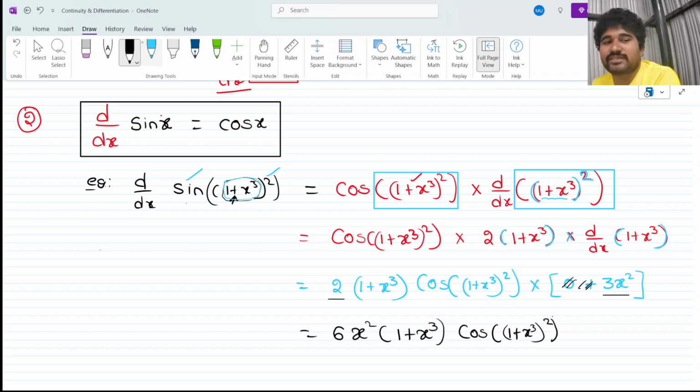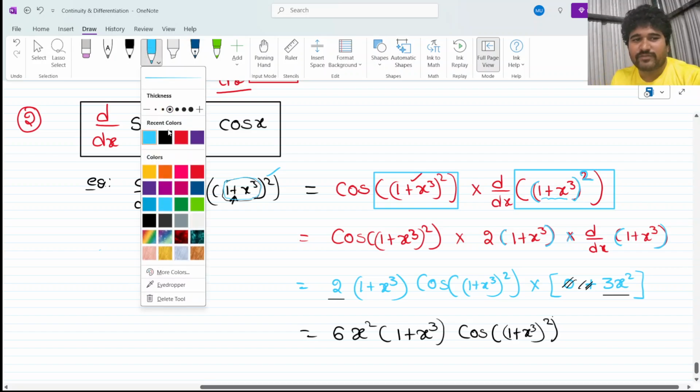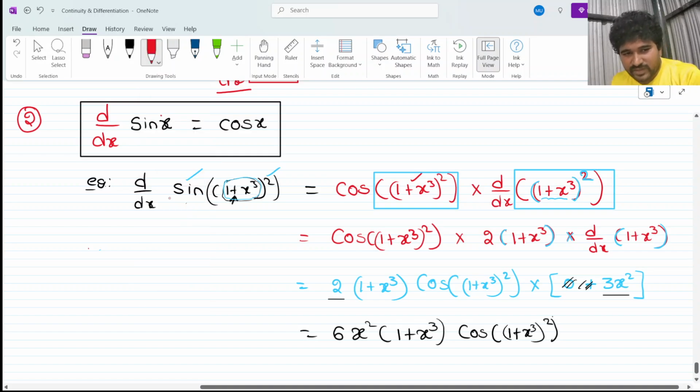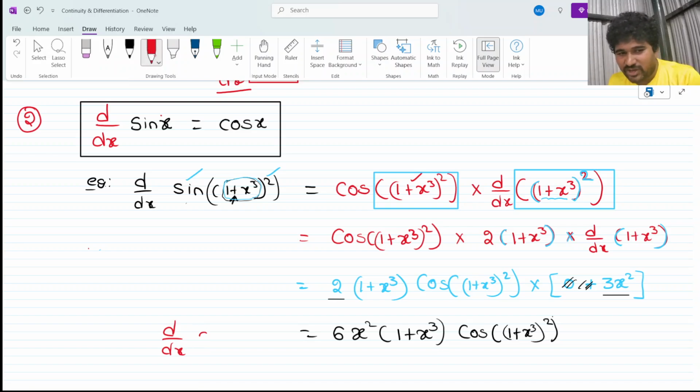This is the answer. Is that clear? What is the answer for d by dx of the given question? It looks very simple. What is that simple question? It's looking like d by dx of sine of 1 plus x cube whole square, which is 6x square into 1 plus x cube into cos of 1 plus x cube whole square.